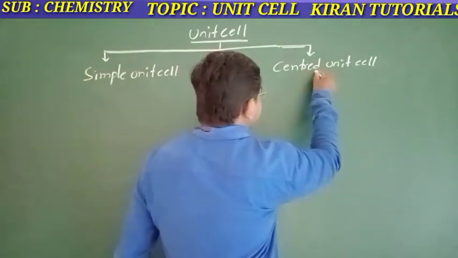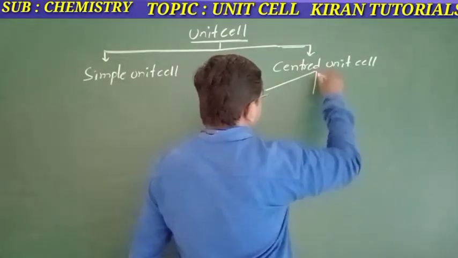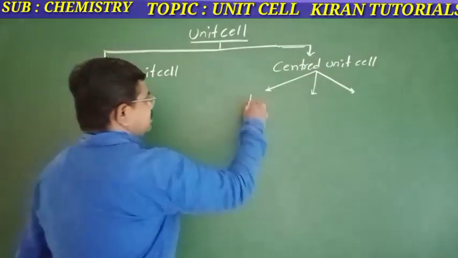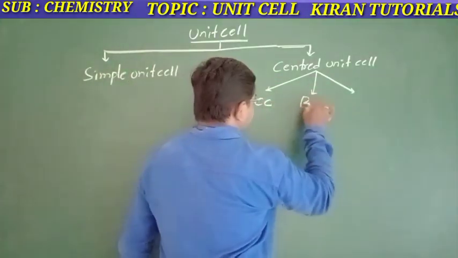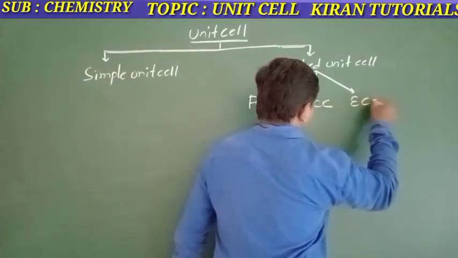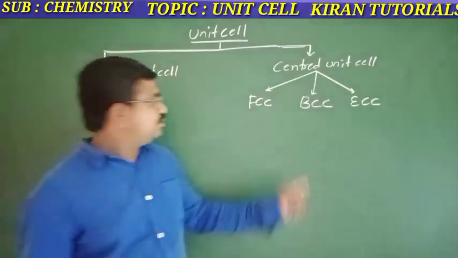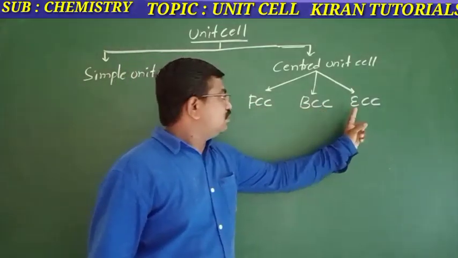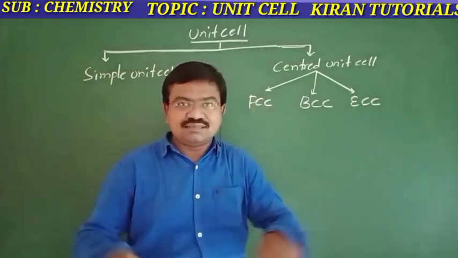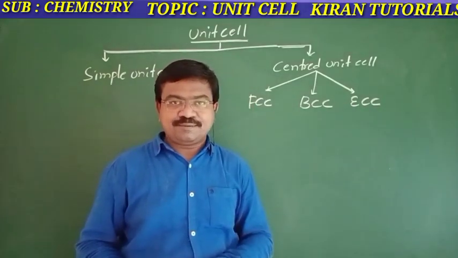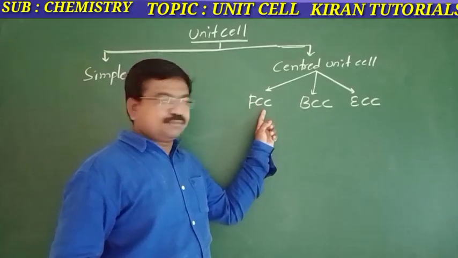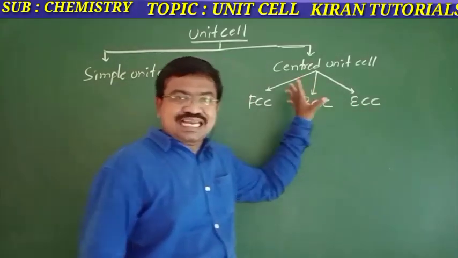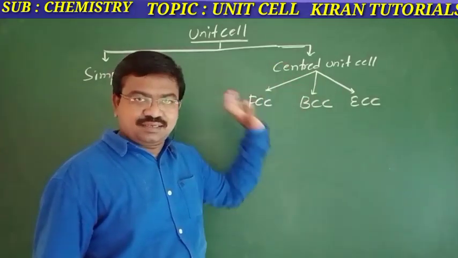And the centered unit cell is again classified into three types: that is FCC, BCC, ECC. Means face centered cubic cell, body centered cubic cell, end centered cubic cell. A unit cell is nothing but a cube, a simple cube you are taking. This is the classification of unit cell.